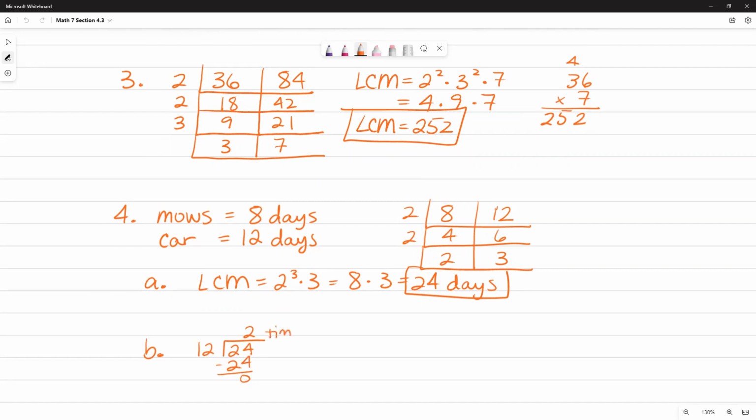So 2 times washing the car. And then 8 goes into, I know it doesn't make any sense, but we know what we're saying here. So 3 times mowing the grass.